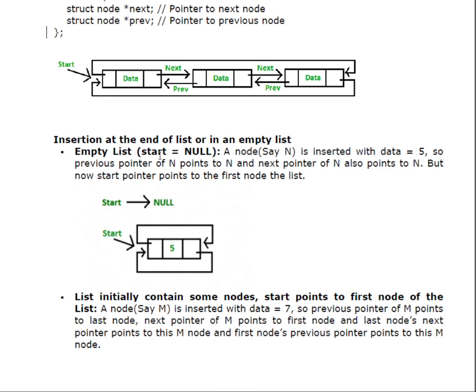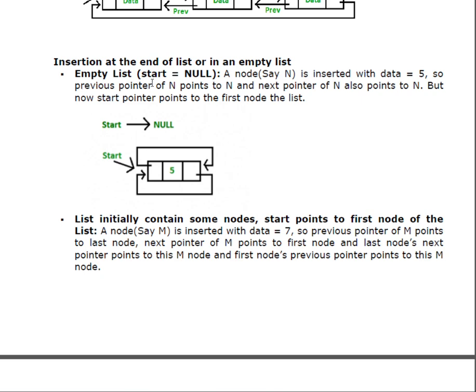Insertion at the end of the list in an empty list: the start is equal to null, then this part points to itself as well as this part points to itself. If the list initially contains some nodes, start points to the first node of the list.